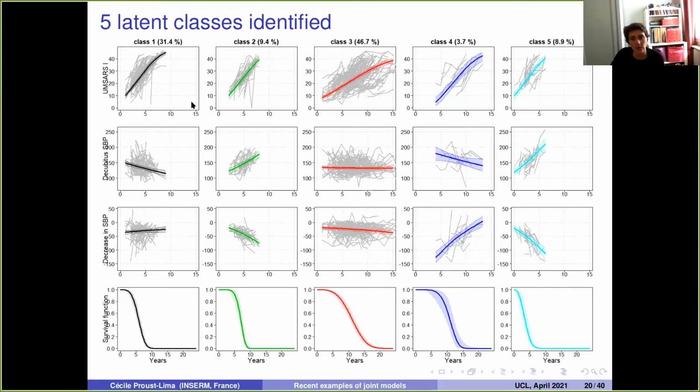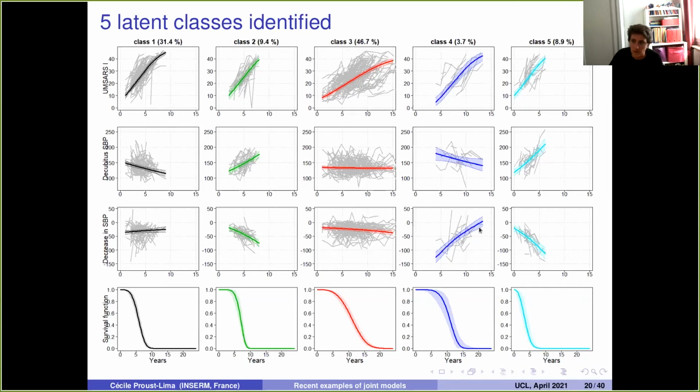Then if we look at latent class 1 in black, the shape of degradation is the same. But if you look at the blood pressure, you will see that it's very different from the one from latent class 2 and latent class 5. If you look at the trajectory of orthostatic blood pressure, it's quite stable over time, while it's very different, with a decrease over time, in the others.